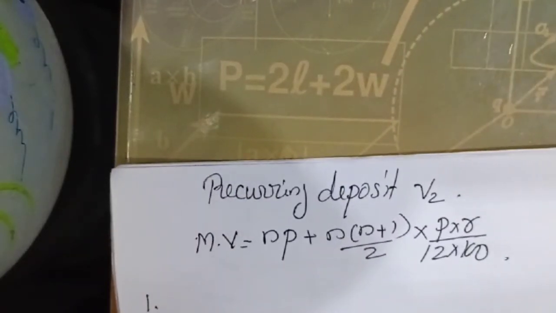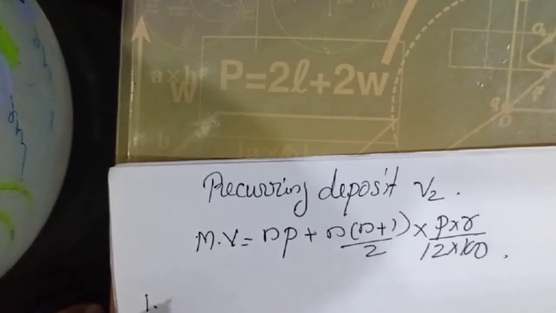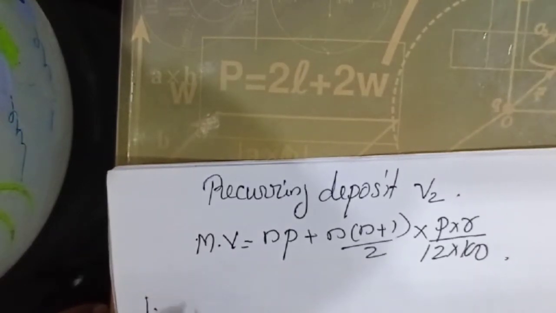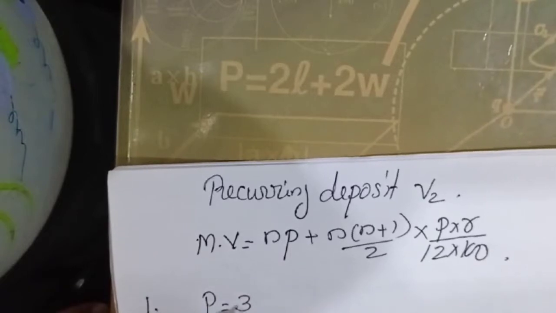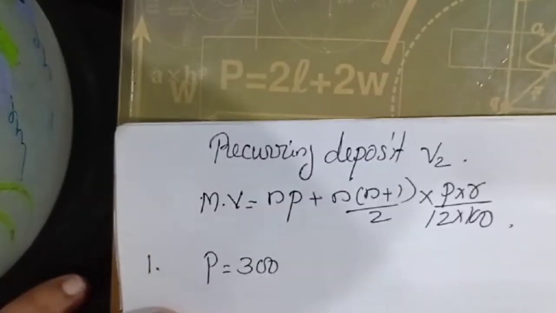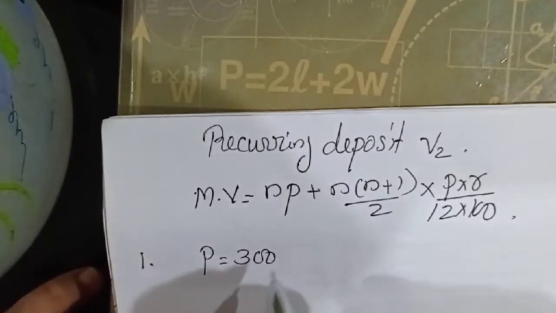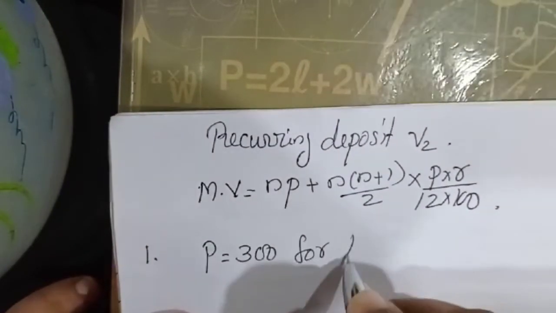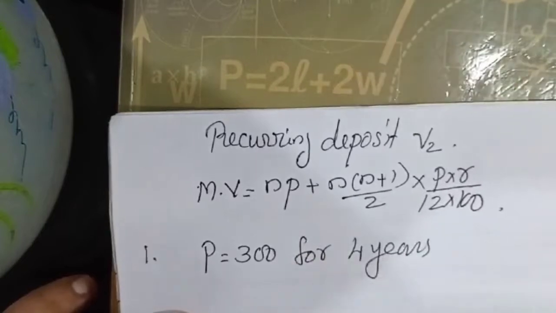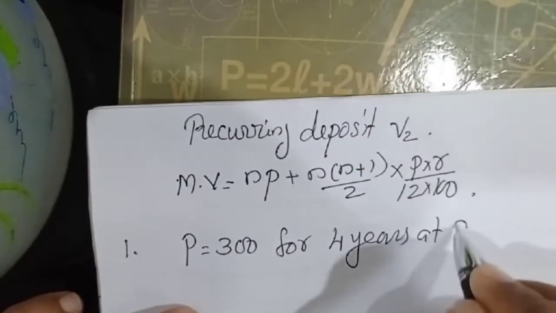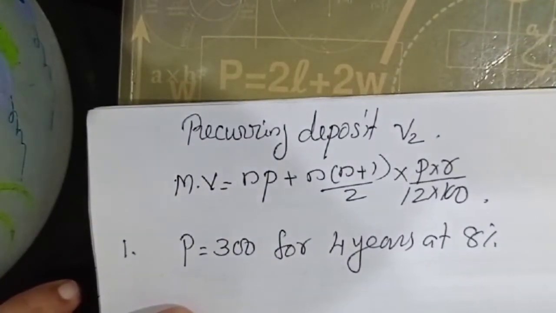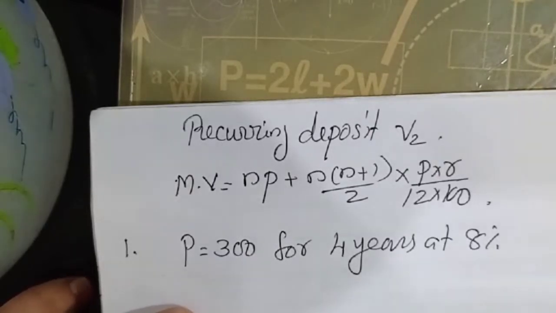Mr. Satish deposited rupees 300 for 4 years at 8%.